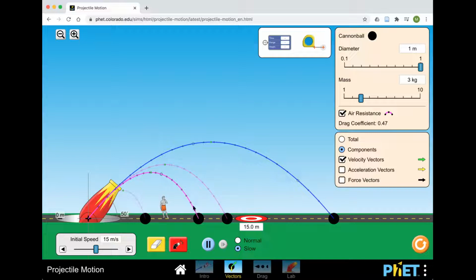All right. So when you want to launch something and hit a target, like we do, for example, in the military, if you want to hit something with a tank or mortar, then you have to, of course, do the calculations with air drag. You can't solve these equations analytically with pencil and paper.